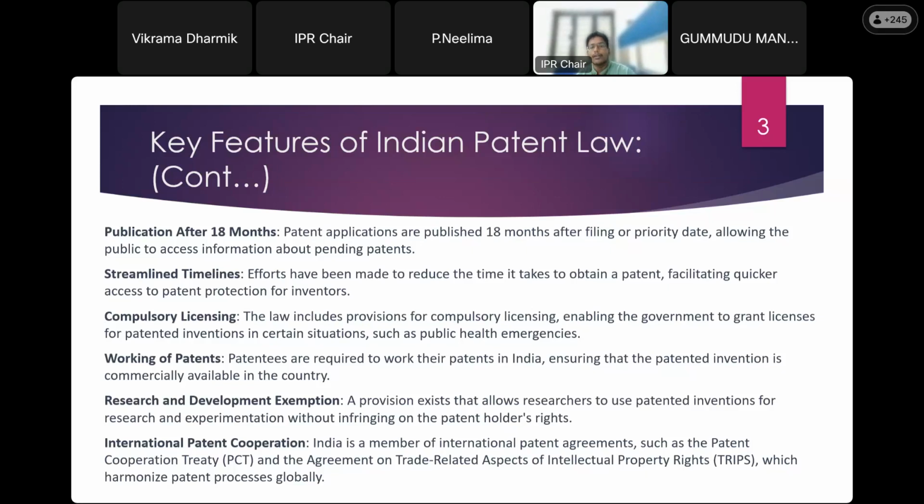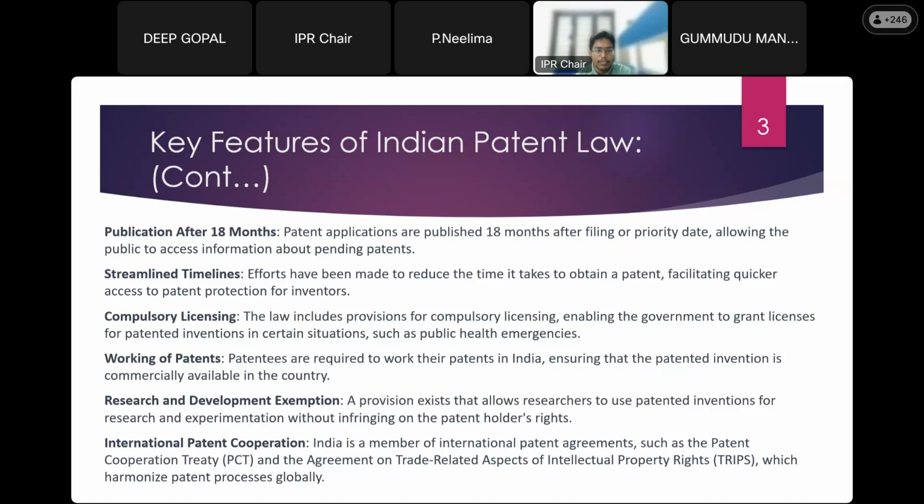For example, during a public health emergency, if anybody has a vaccine for COVID-19 and has a patent on it, and that vaccine will solve all the problems, then the Government of India, without the consent of the patentee, can grant a compulsory license to some manufacturing company to produce many vaccines for our country.